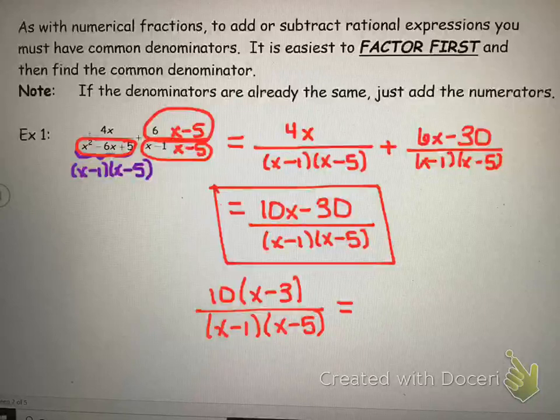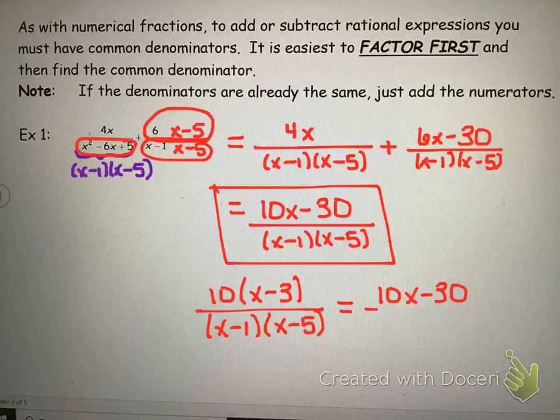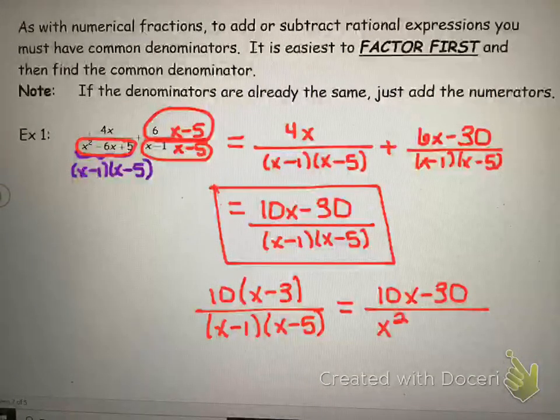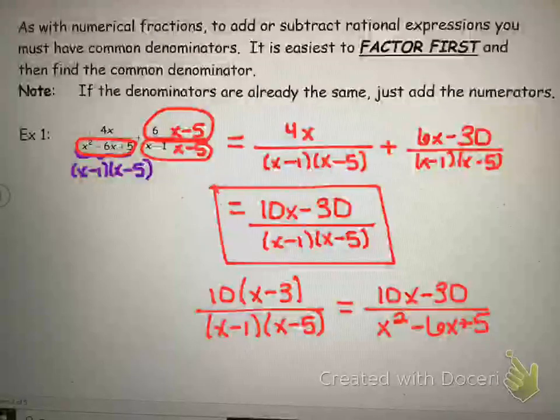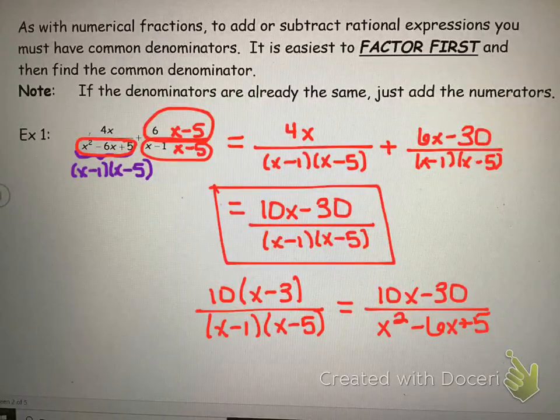And so you could take either one of these numerators and write it over x squared minus 6x plus 5. All of those are acceptable versions of that answer. I'm just telling you the most common way that we leave our answers written.